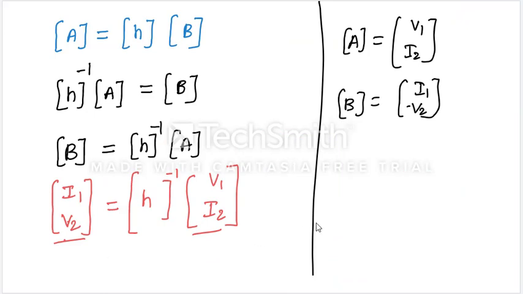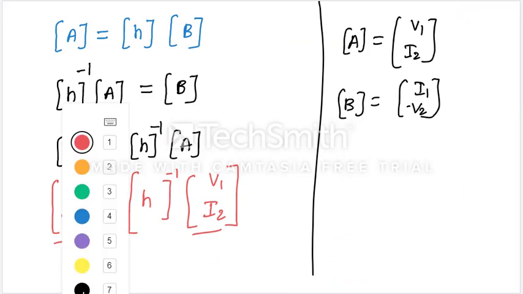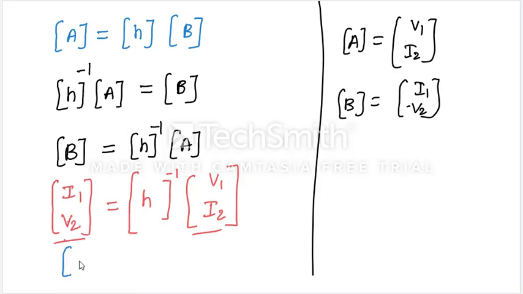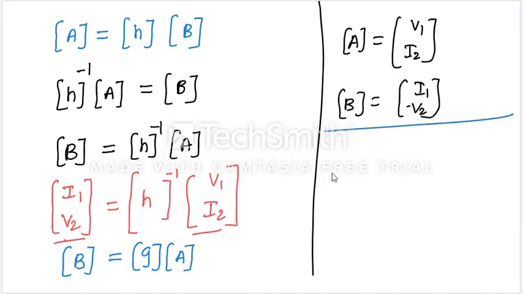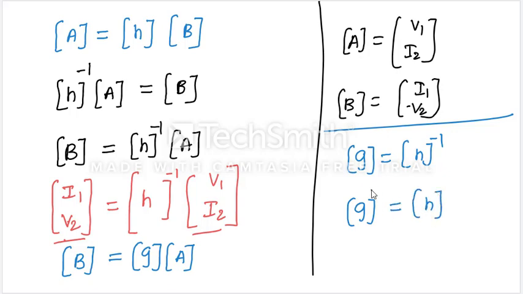We used to write this as the B matrix equal to the G matrix into the A matrix. By comparing, the G matrix is equal to H inverse, and G inverse is equal to H, vice versa.